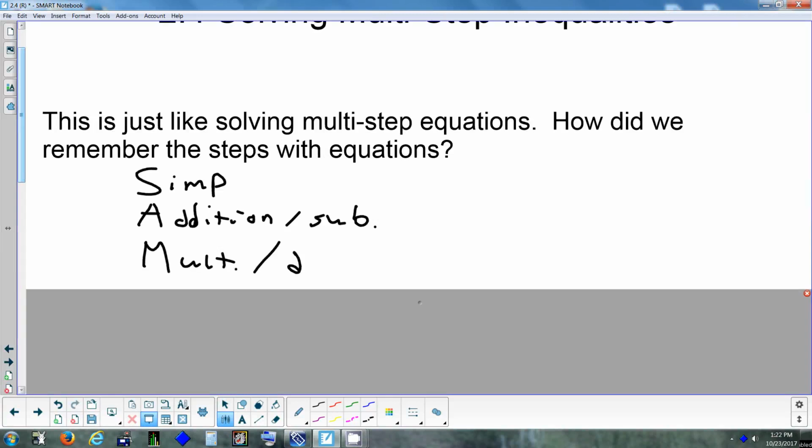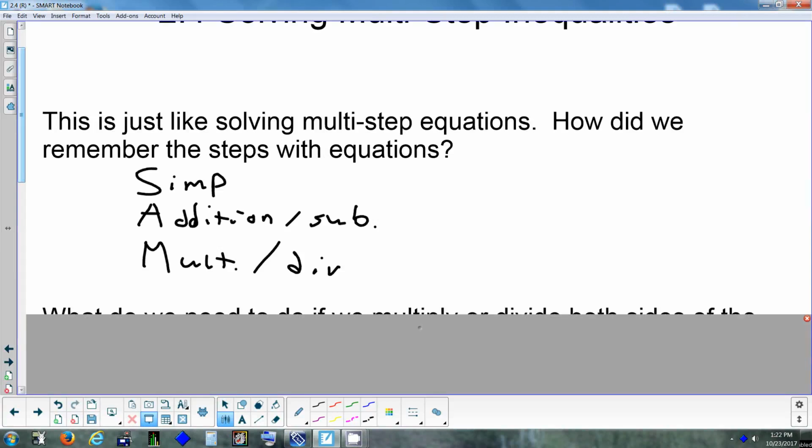Now, under the simplify step, there's 2 things you can do. What are the 2 things you have to do? We had one of them in each problem in the warm-up. You could do this, or you could do this, or both.